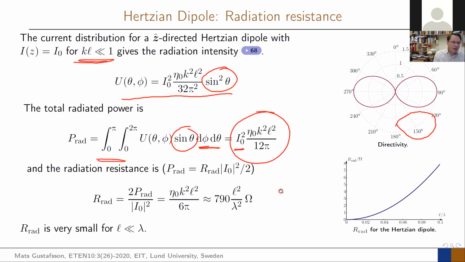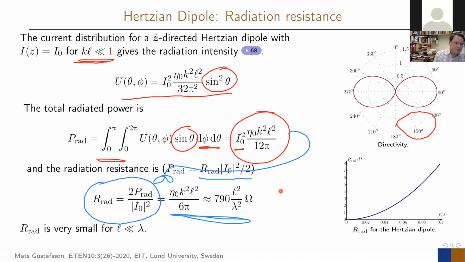The radiation resistance is then connected to the total radiated power, normalized by the current squared and times 2. That was just this formula that we have here. I simplify, and if I plug in the radiated power from up here, what I get is these pieces here.